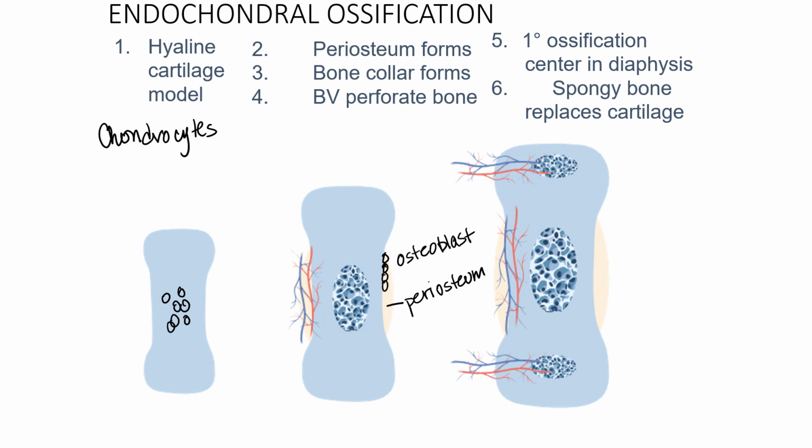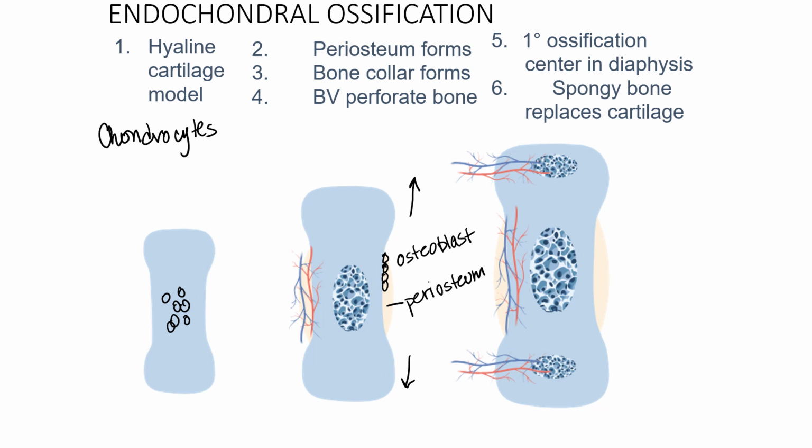This forms the bone collar, that layer of compact bone along the outer edge of almost all the bones of your body. This collar provides support to the elongating bone, and we've discussed how it is very much like the starched collar of a shirt.